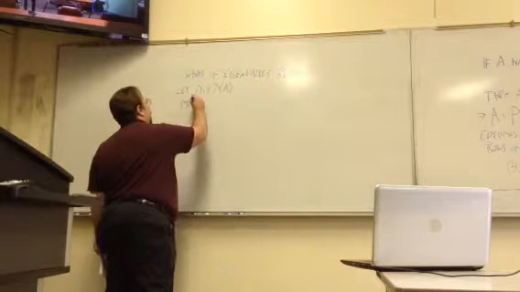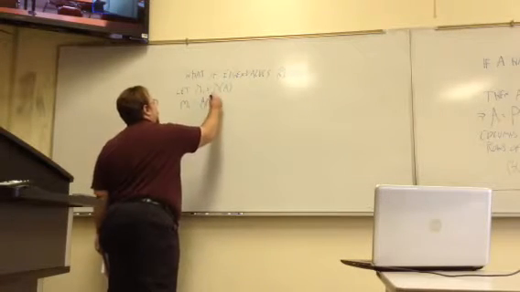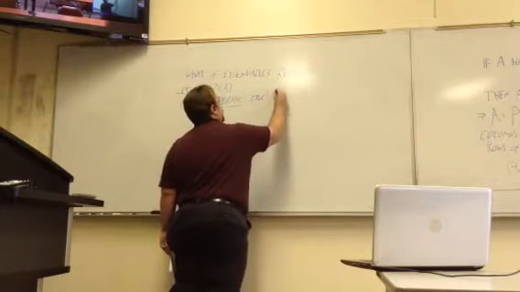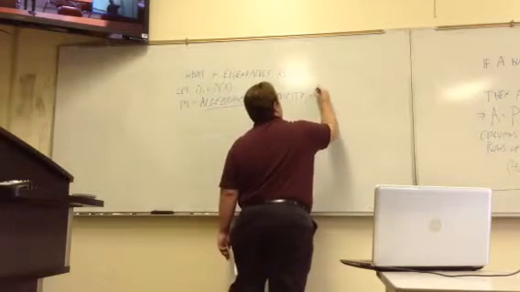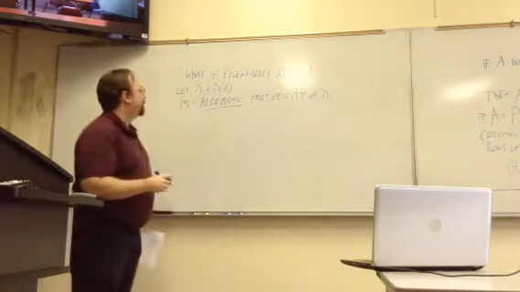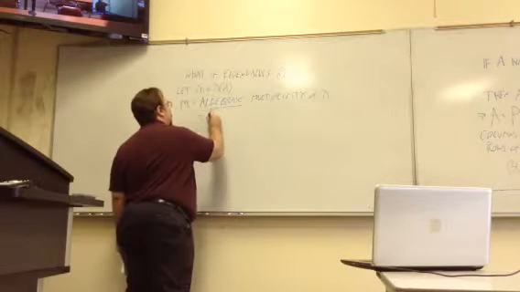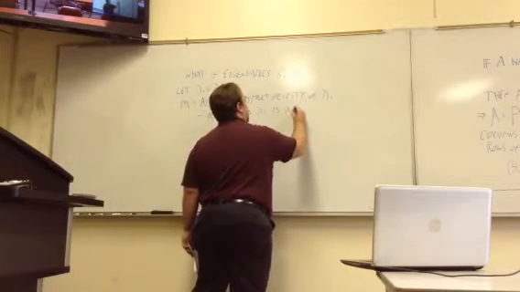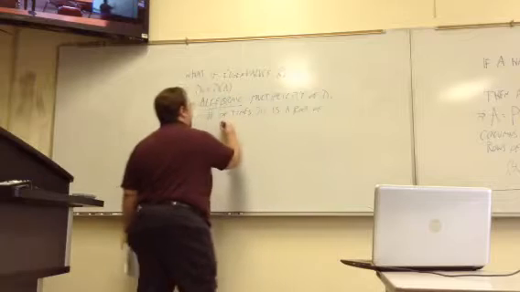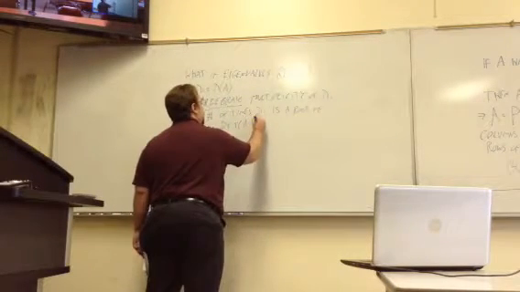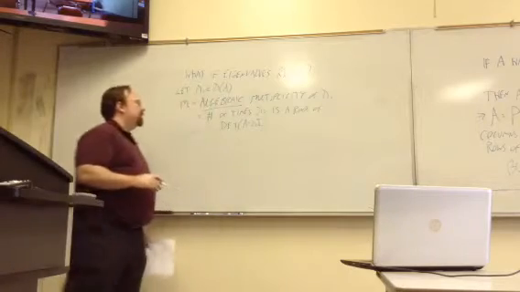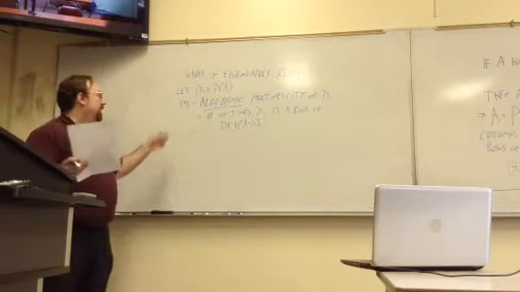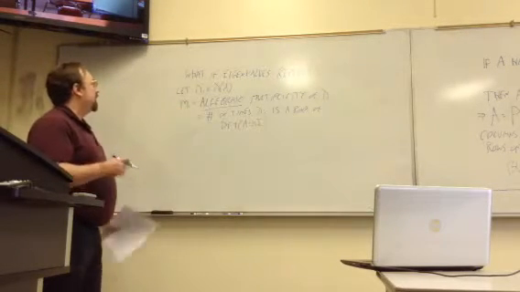So I'm going to use m sub i to refer to the algebraic multiplicity of this eigenvalue lambda i. And by algebraic I mean the number of times that lambda i is a root of the characteristic polynomial. So if you were to factor the characteristic polynomial, you'd have lambda minus lambda i raised to some power. This is that power.